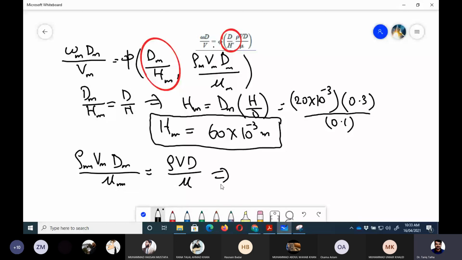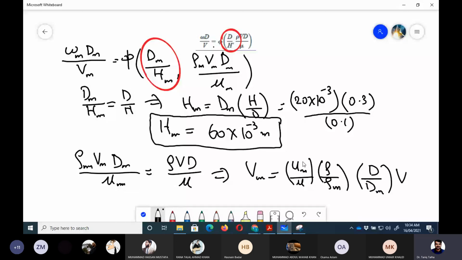So from here V_m would be equal to μ_m upon μ, and then it would be ρ upon ρ_m, and then we would have d upon d_m and V. V is the actual velocity.